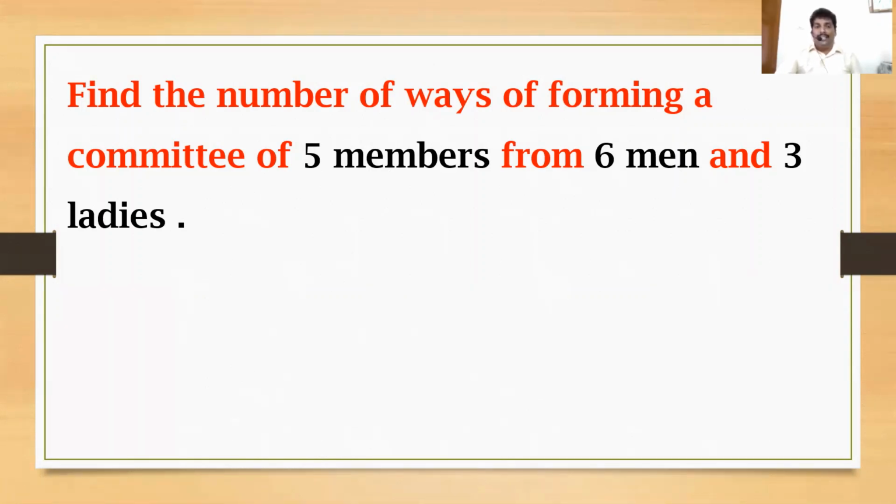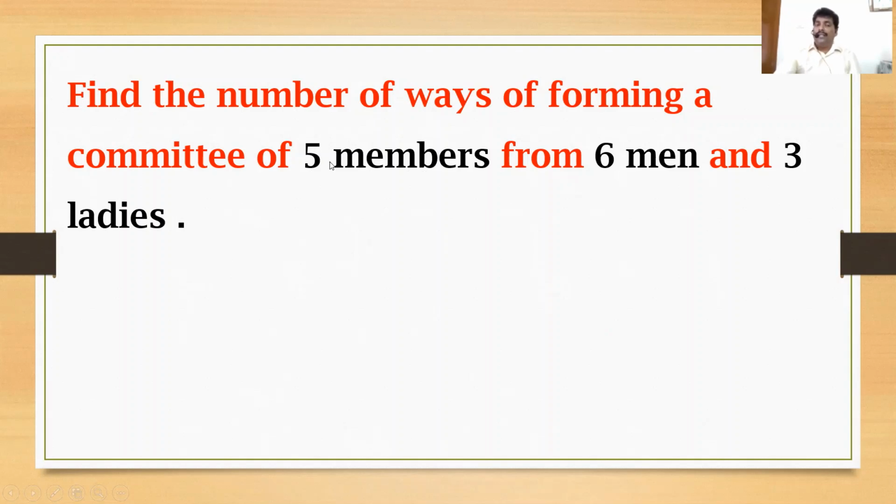By reading the question, we understand that we form a committee of 5 members from 6 men and 3 ladies. In total, how many members are there? 9 members. Out of 9 members, how many do we have to select? A 5-member committee is asked for, so out of 9 members we have to select only 5 members.